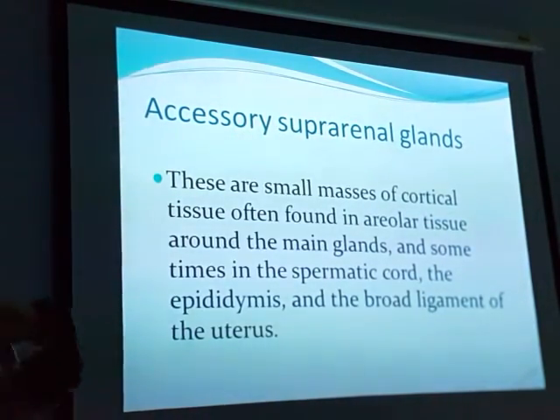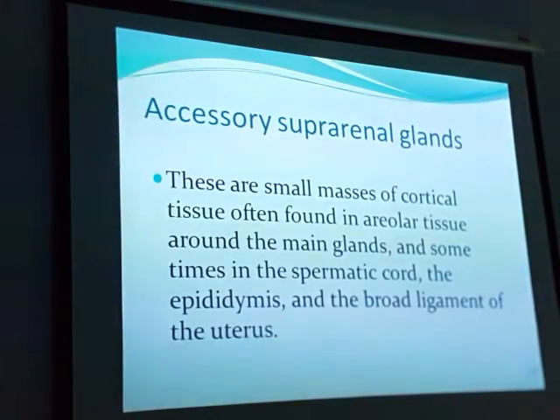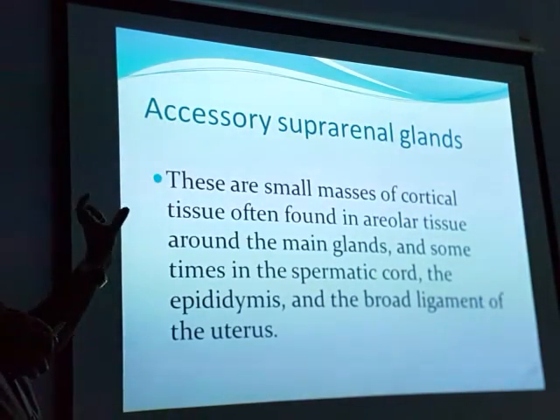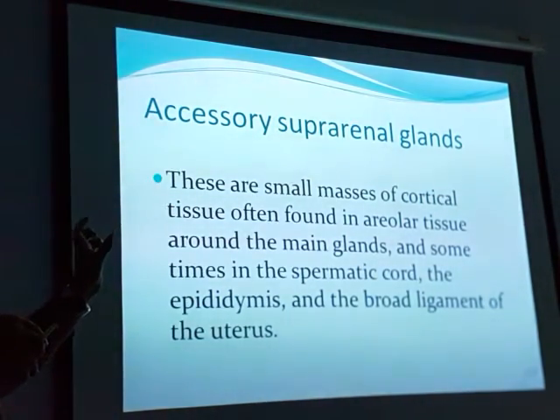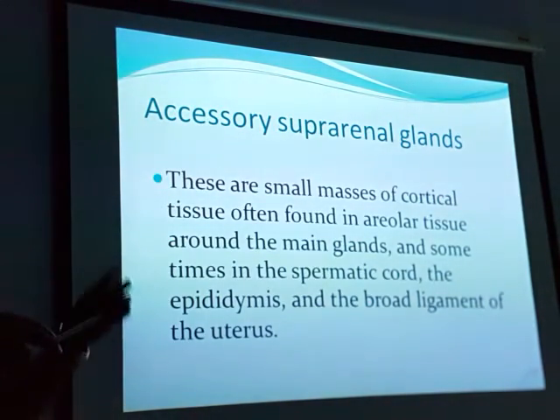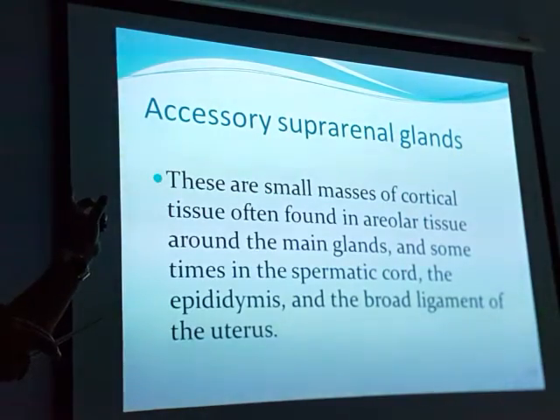Next is the accessory suprarenal gland. Accessory means extra, apart from the main gland. This is also one of the objectives. So what are these?